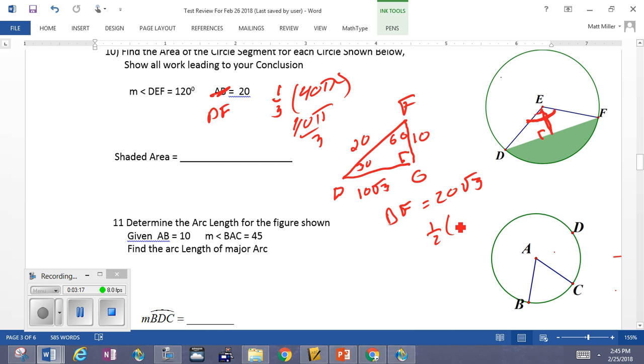My height was just determined up there as 10. My base was this DF, which is 20 to the root of 3. So what I have is 1/2 of 200 root of 3, which is 100 root of 3. So my shaded area is what I found previously, 400 pi over 3 minus 100 to the root of 3. So that's a good answer, and that's exactly how I'm going to leave it.